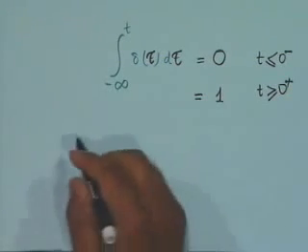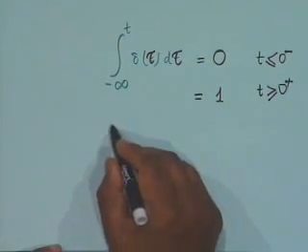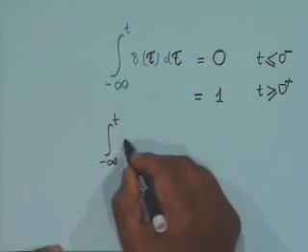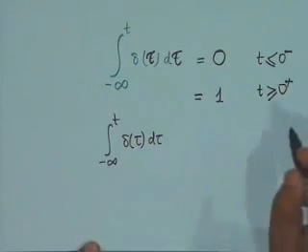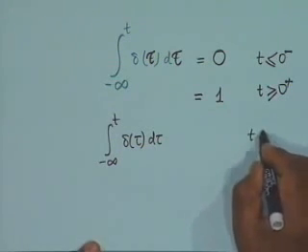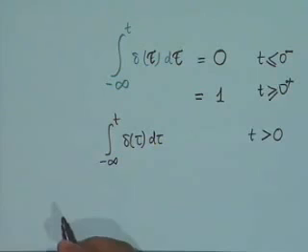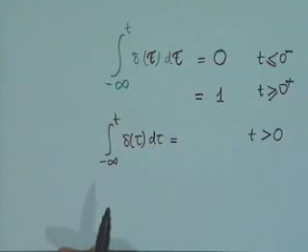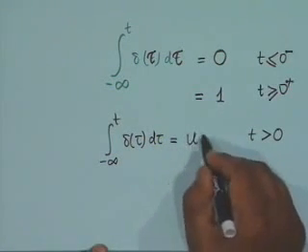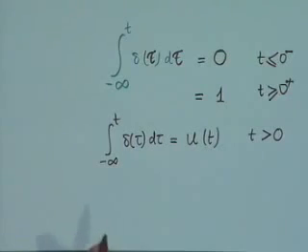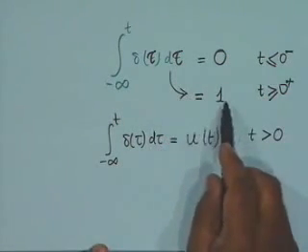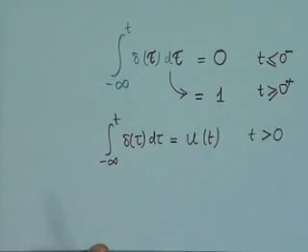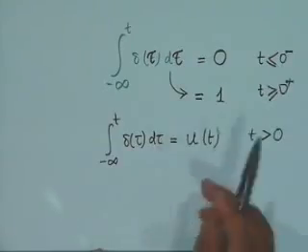There are several other interesting phenomena, that is, the integral from minus infinity to t of delta tau d tau. If t is greater than 0, it is interesting to see that this is the same as u of t, the unit step function, because by definition and implication it is equal to 1 for all t greater than or equal to 0 plus, and for small t less than or equal to 0 minus, it is 0.